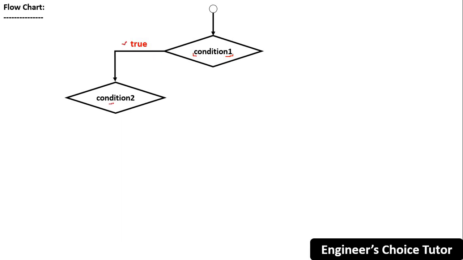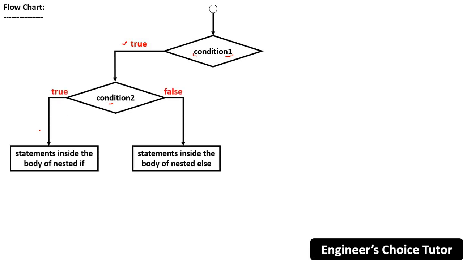Evaluation of condition 2 will take place. If condition 2 is true, then statements inside the body of the nested if will execute. And if condition 2 is false, then statements inside the body of the nested else will execute.